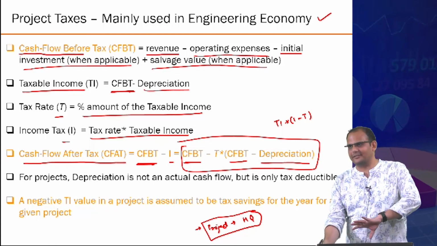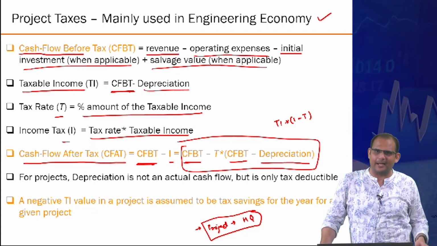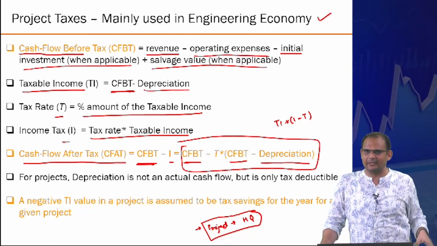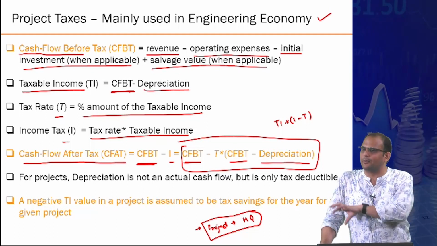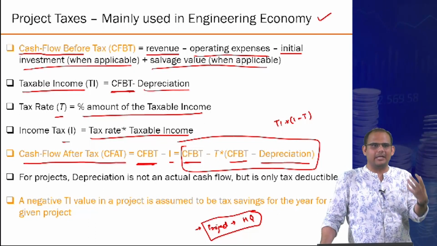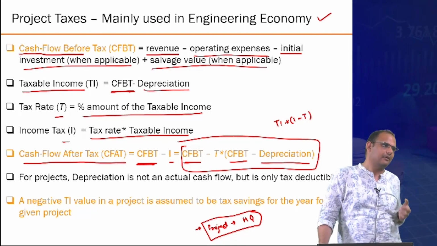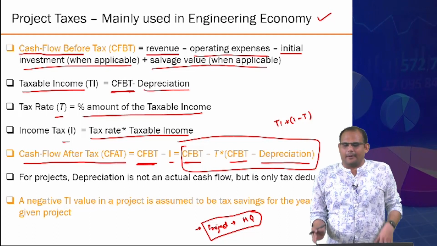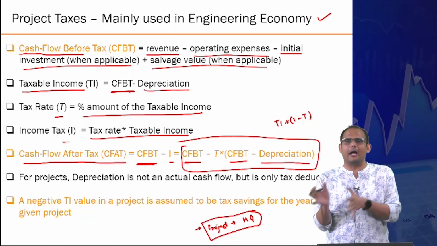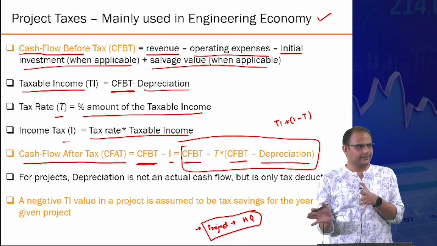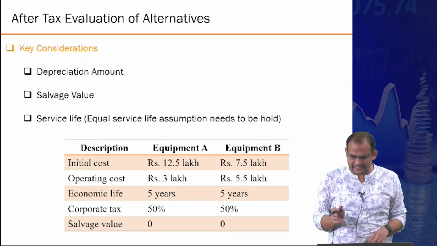I have not gotten so much into it, but perhaps as I mature in this class, I will include that part as well. How does the accounting system happen when you are dealing with multiple projects at an HQ level? But got the idea? How the corporate tax happens and how the project taxation happens. Concept wise it is simple.